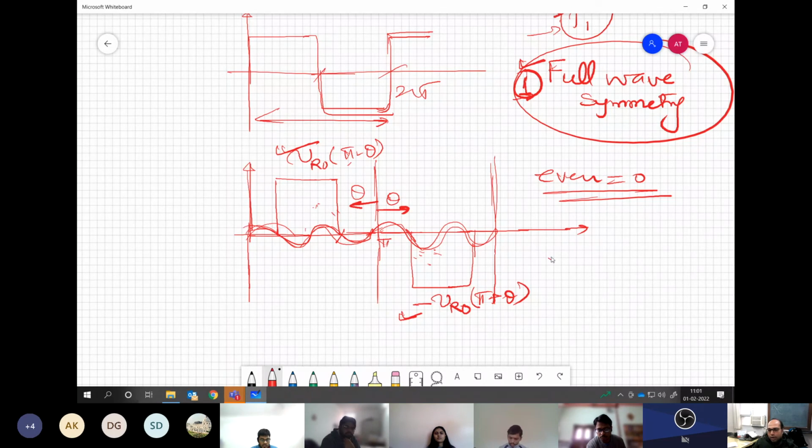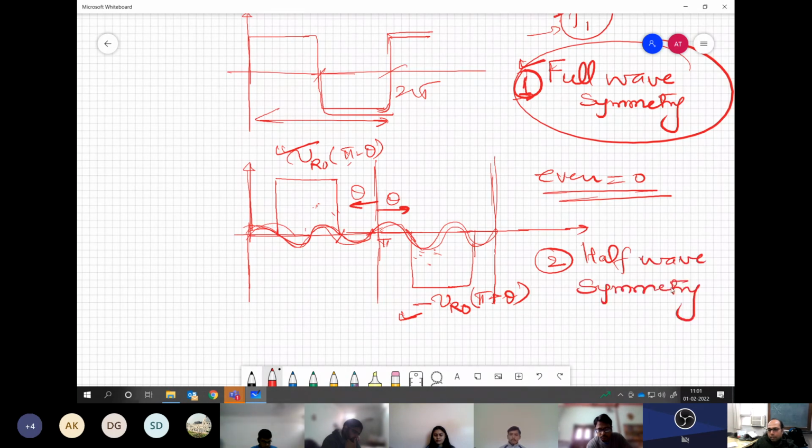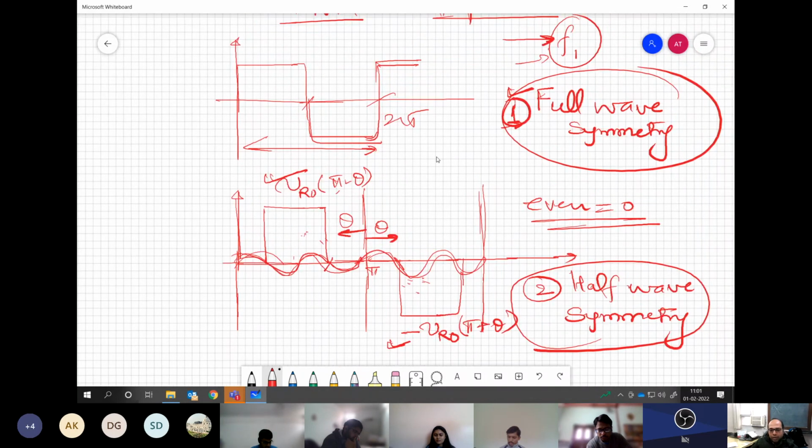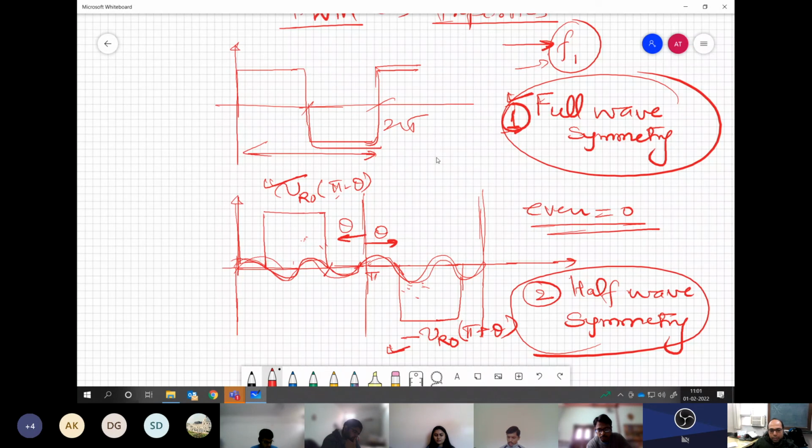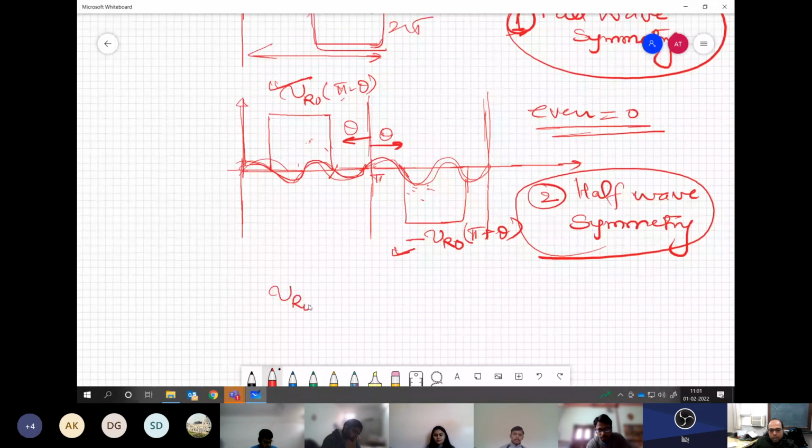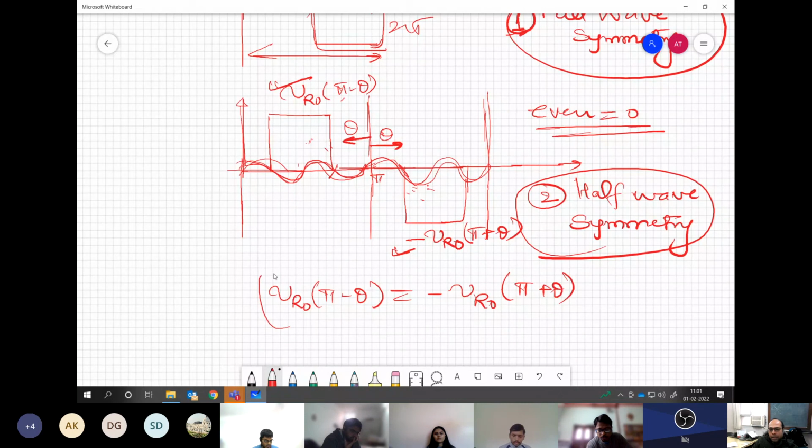This property is called half wave symmetry. And the definition for this we can write mathematically as VRO of pi minus theta equals minus of VRO of pi plus theta. You move equal angles about the half cycle and you should see exactly opposite values.